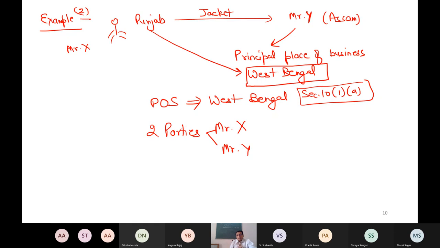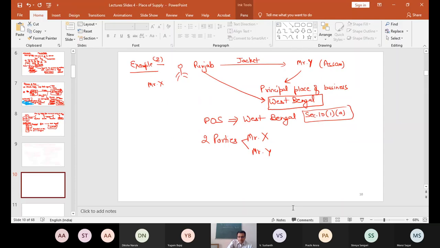In this case, the goods will be delivered at West Bengal, not at the state where I am registered. So as per section 10(1)(a), the place of supply becomes West Bengal. Please raise your hand if 10(1)(a) is clear.